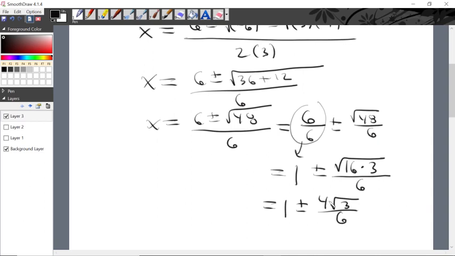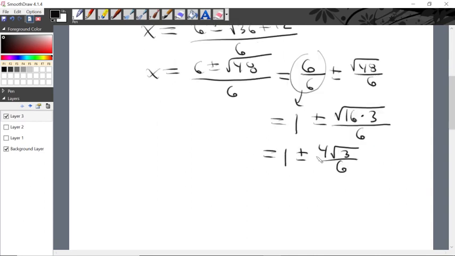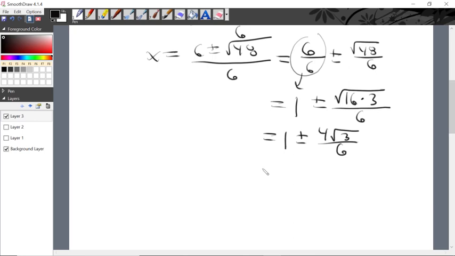We now have a fraction that can be reduced, and as I mentioned earlier, whenever you have a fraction as the answer to a problem, unless told otherwise, you're going to want to simplify it to its most simplified form, or its lowest terms. So we can factor out a 2 from the top and a 2 from the bottom. So I have 1 plus or minus 2 root 3 over 3.